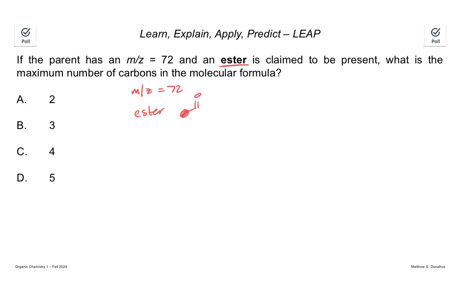The ester has a carbonyl, it has another oxygen, and then the other ball is a carbon. So from that, what we're pulling out is that there's two oxygens. Oxygen has an atomic mass of 16, so times 2, that equals 32. And so we're going to say 72 minus 32 gives us, what, 40?